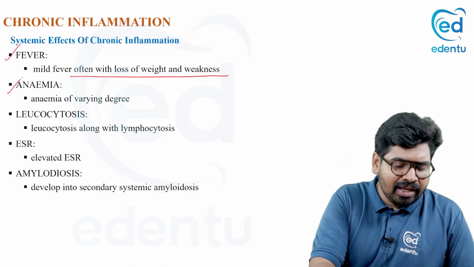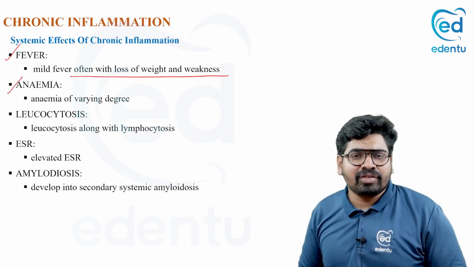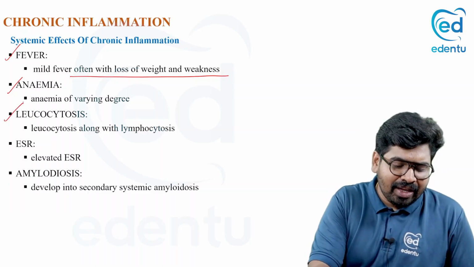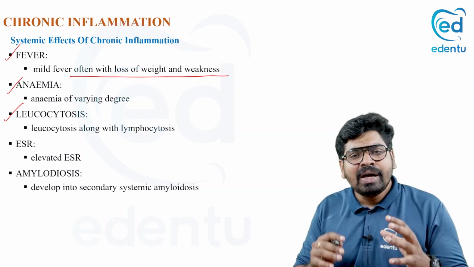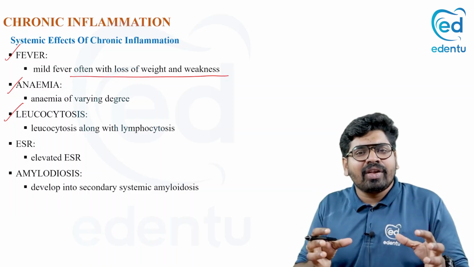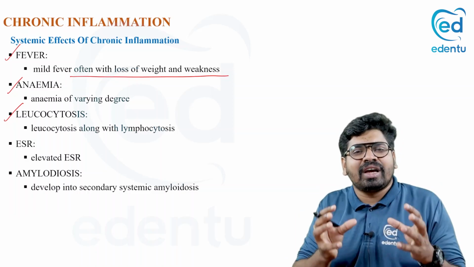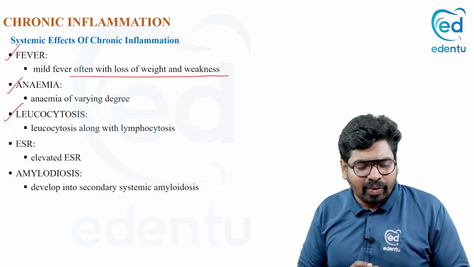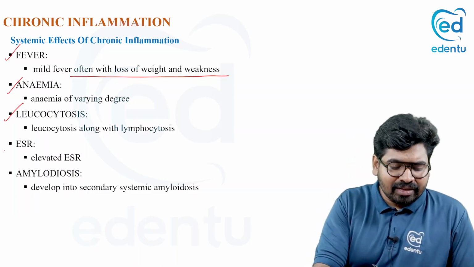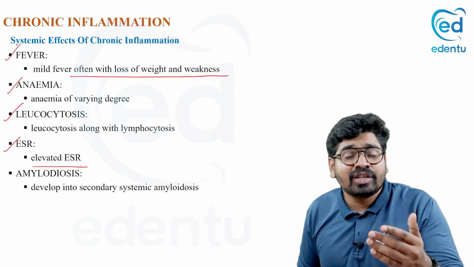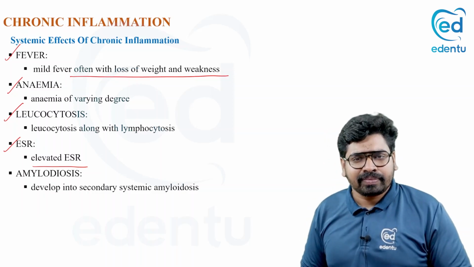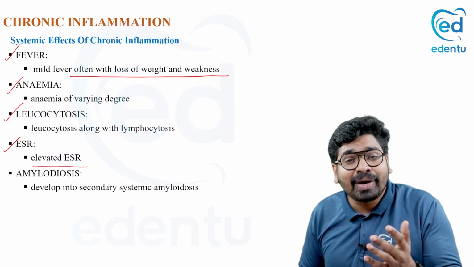He may develop anemia because of this wasting, and he may get leukocytosis. Because of the persistent chronic inflammation in the body, our leukocytes will be produced more and more. There is an elevated ESR, and I have told you in the lecture on amyloidosis about secondary amyloidosis.